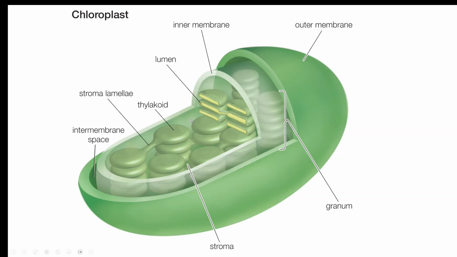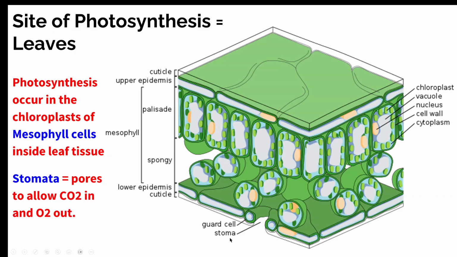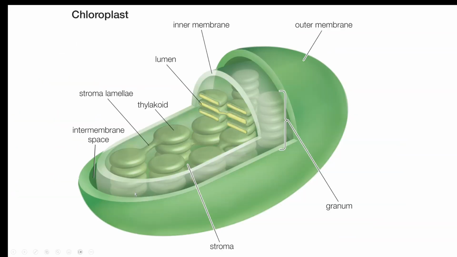Don't get the stroma confused with the stoma or the stomata. It can get very confusing if you don't know the difference between the three. Stoma is a pore. Stomata is the plural, so multiple pores. And stroma, with an R, is the space inside of the inner membrane of a chloroplast.